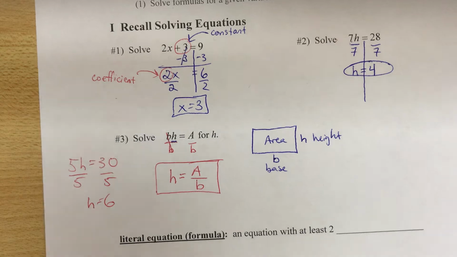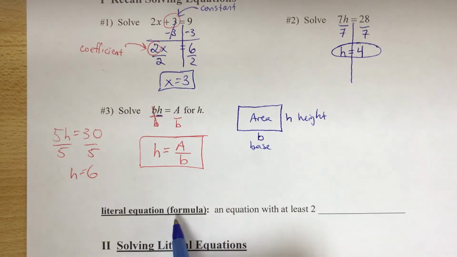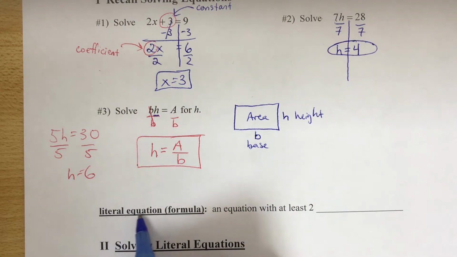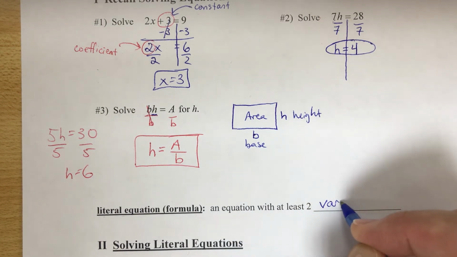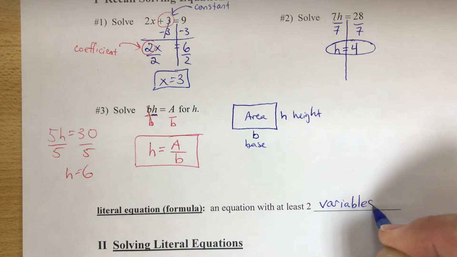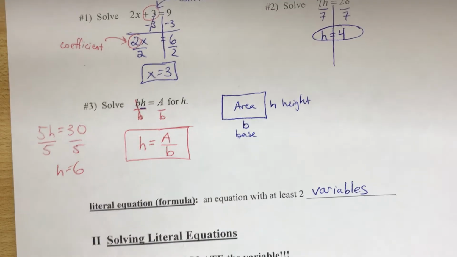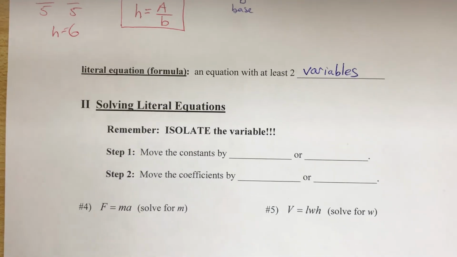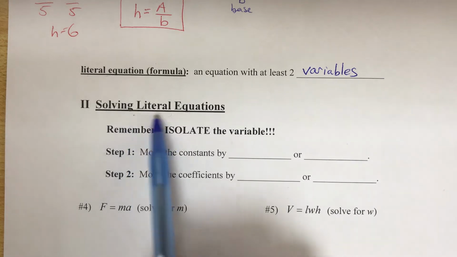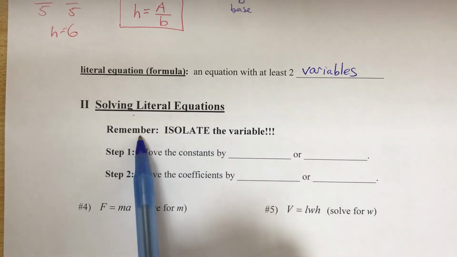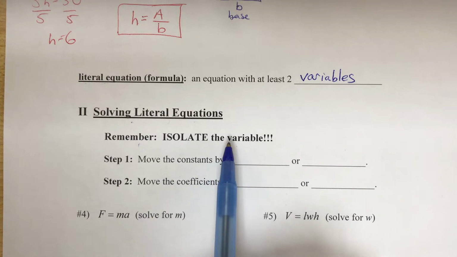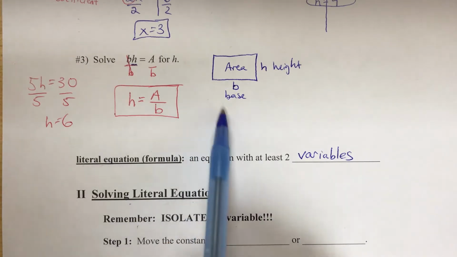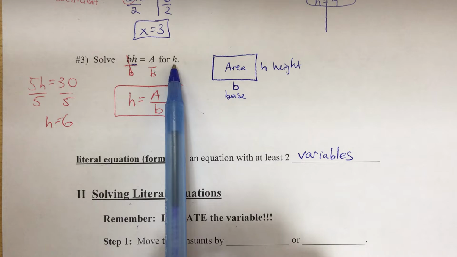Okay? So this is called, when you solve a formula or what they call a literal equation, it's an equation with at least 2 variables. Okay, so when we solve any kind of equations, remember the goal is to isolate the variable. Now that's the variable we're solving for. So going back to this problem, we solved for h.